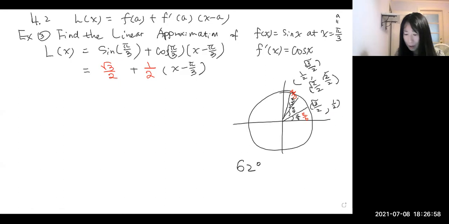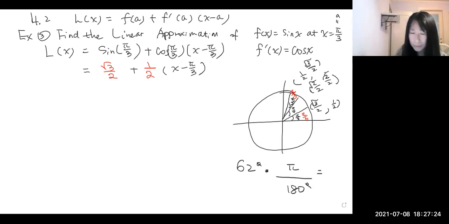So we multiply by pi over 180 degrees, because we want to make radians, right? 180 degrees corresponds to pi. So the degrees cancel, and then 62 pi over 180, what do you get? I think it's 31 pi over 90. Good.